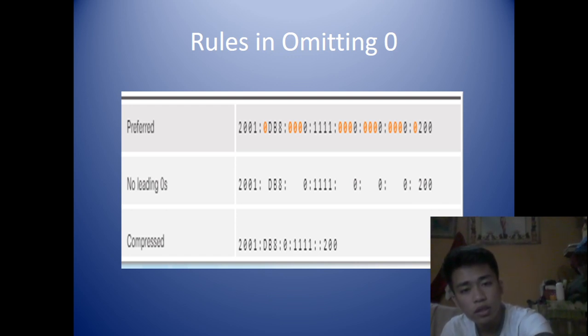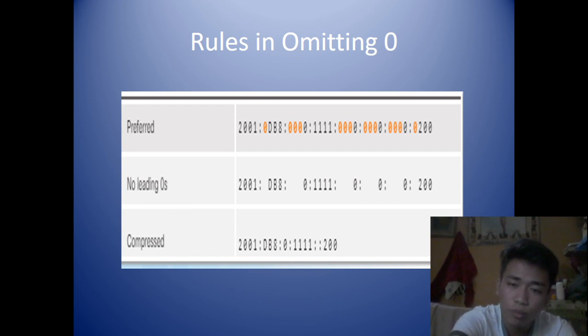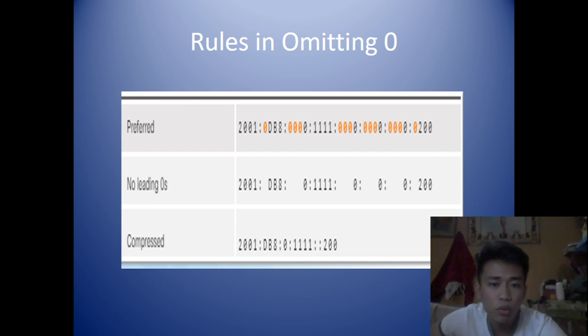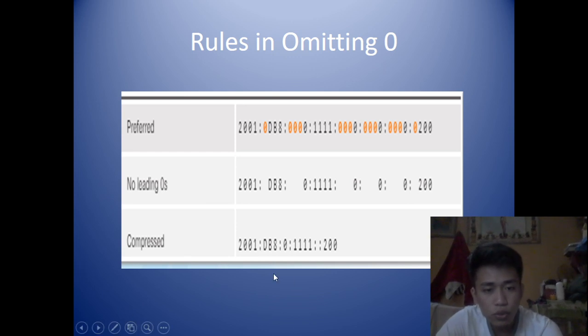Here we just remove the zeros, and it's only 10 here. In the first, 0000, and in front of 0200, the leading zeros are removed. That's the rule for omitting zeros: removing the leading zeros in your value. So the compressed form is 2001, db8, 111, and 200.